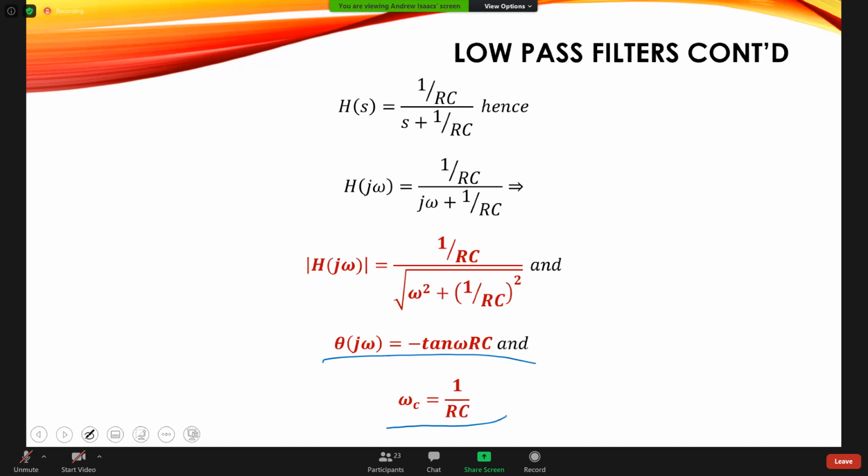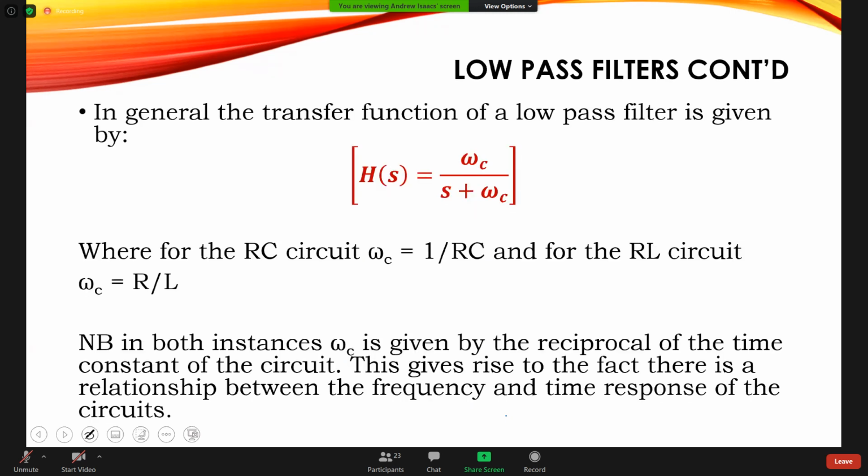But we can make a general statement for our low pass filter. And that is, for your low pass filter, H of S is equal to omega C over S plus omega C. And for your RC circuit, it's 1 over RC, and for your RL circuit, R over L. Okay?